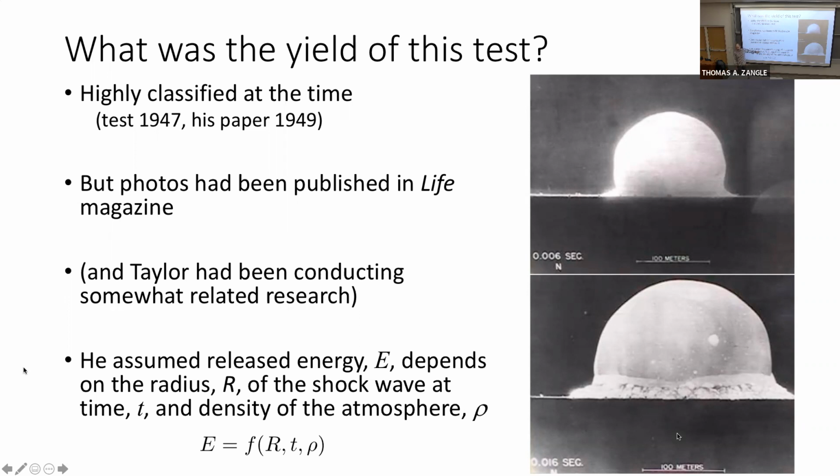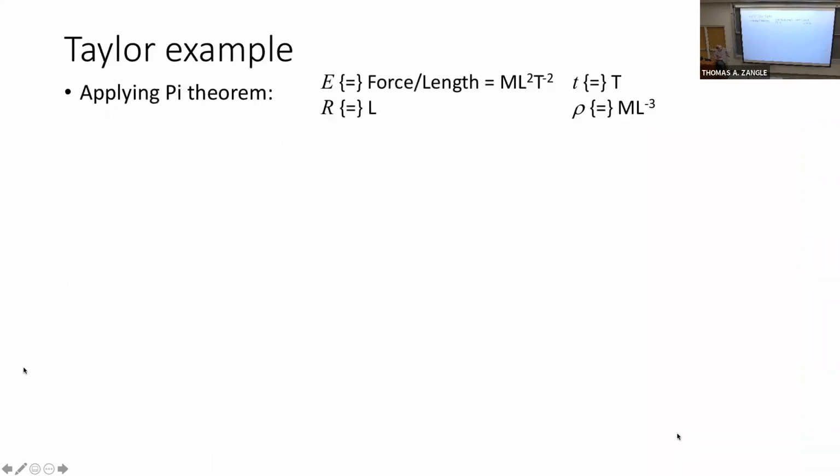This is more or less because he was doing some related research on shock waves. So he didn't just get this out of thin air. Taylor was also doing some work in a related area. He kind of knew that this should be the right form.